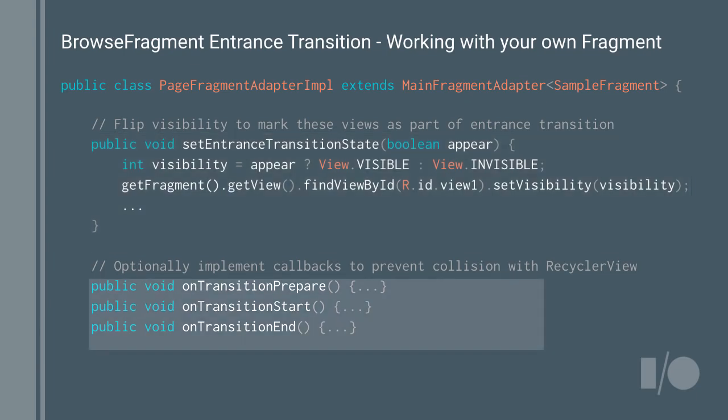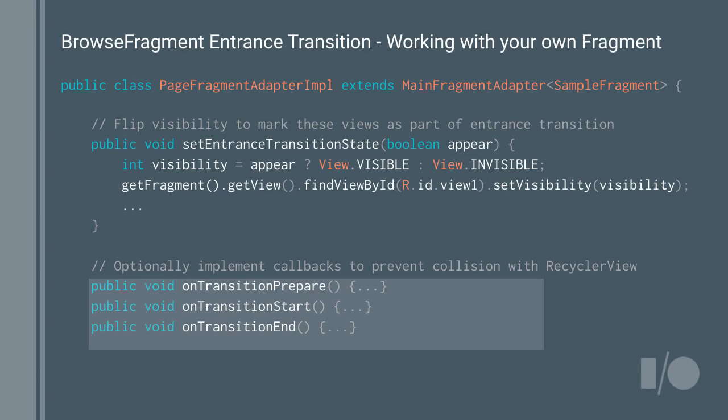Now we also have these three callbacks. These are optional. Because rows fragment internally uses RecyclerView, you might know that RecyclerView animation cannot be run together with transition animations. So the rows fragment listens to these callbacks. It disables animation on transition prepare.